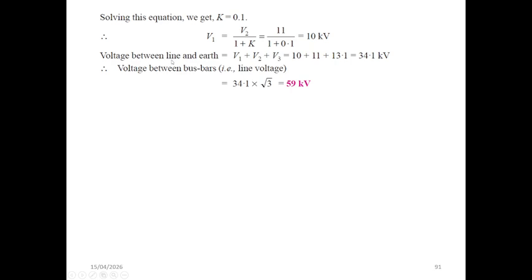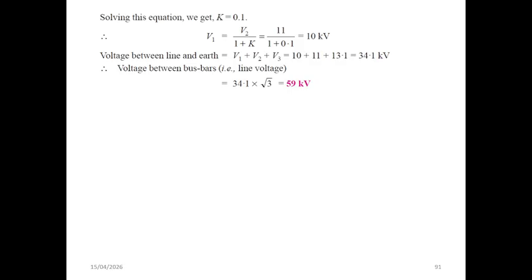so the total voltage can be calculated easily, and the line voltage also in a three-phase system can be calculated based on this. And this result is showing a line voltage of approximately 59 kilovolt.